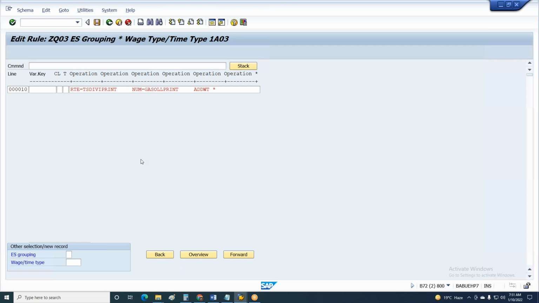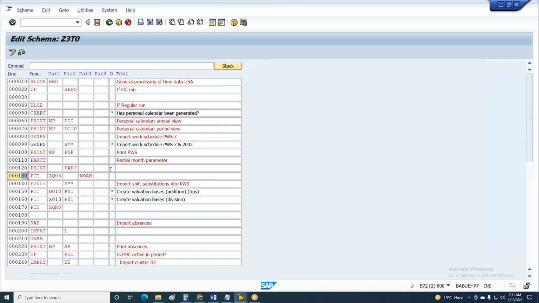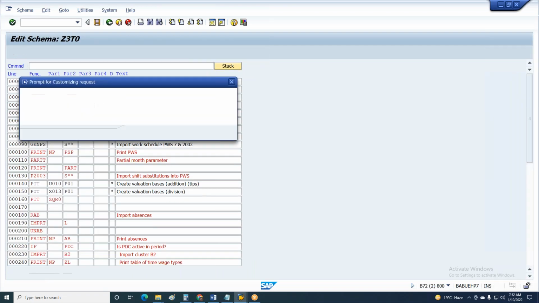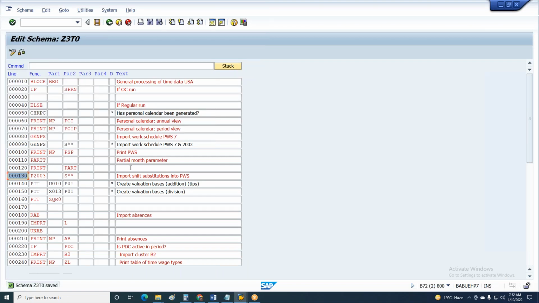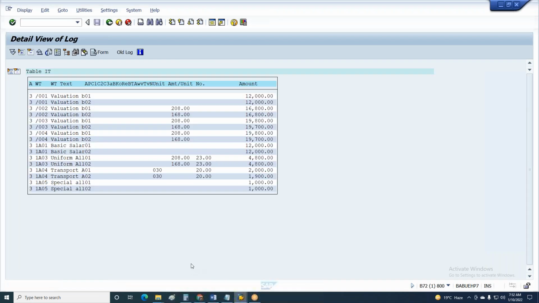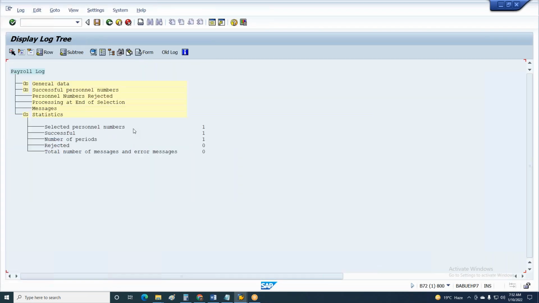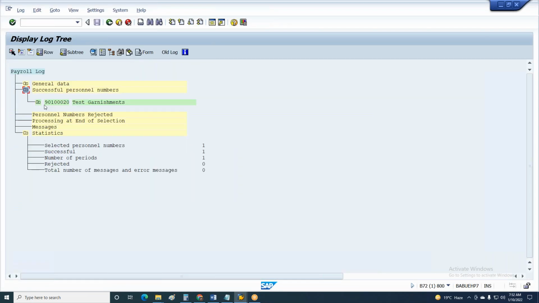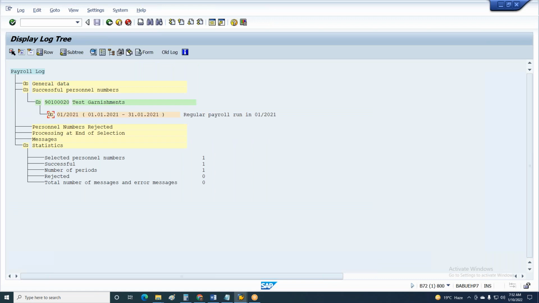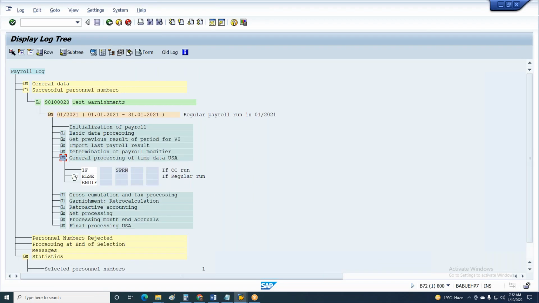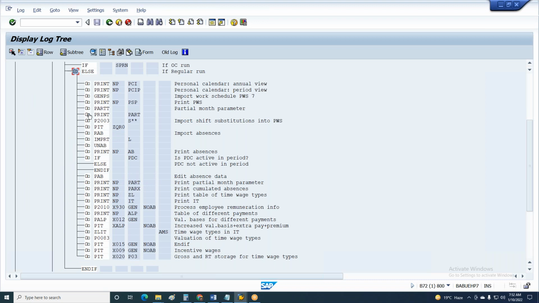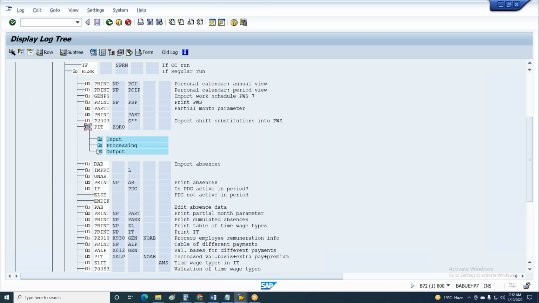Yes. That's not a standard rule, okay? So now we have a basis ready.